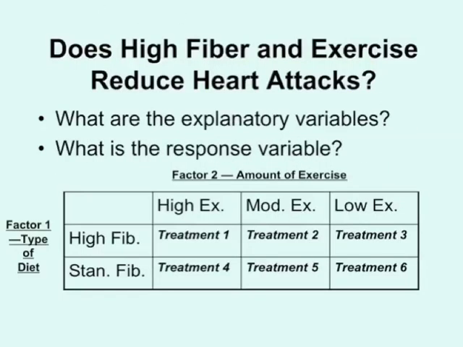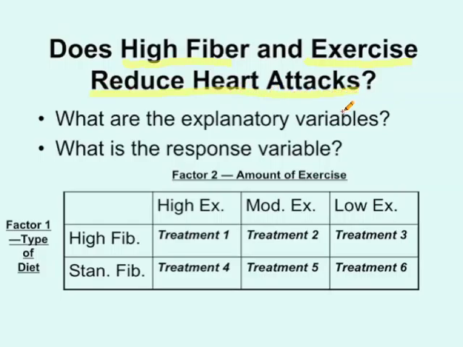Okay, let's take a look at an example out of the textbook that maybe will help make this a little more transparent, okay? So we have two explanatory variables here. The two explanatory variables that we're going to be working with in this case are a high fiber diet and exercise. So those are my two explanatory variables, and my response variable is the reduction in heart attacks, or you can just think about it as the percentage of heart attacks, okay?